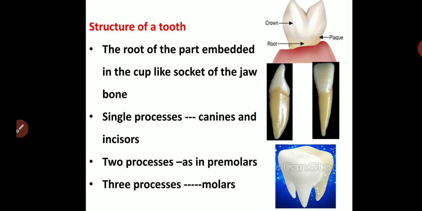The premolars in the upper jaw have 2 roots, in the lower jaw they have 1 root. The molars in the upper jaw have 3 roots and in the lower jaw have 2 roots. So depending upon where they are located and the type of the teeth, the number of roots differs.